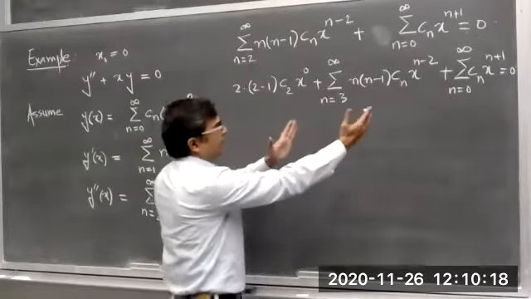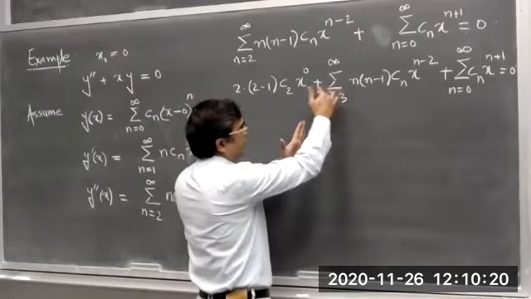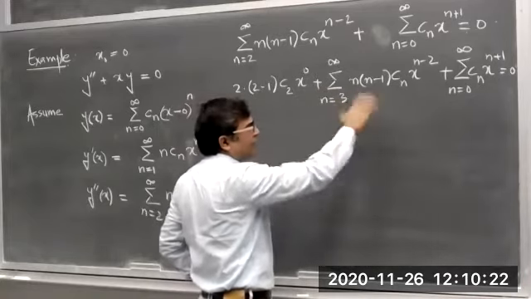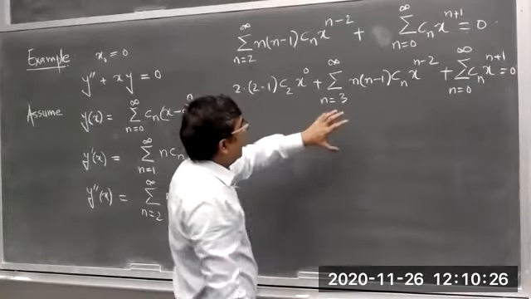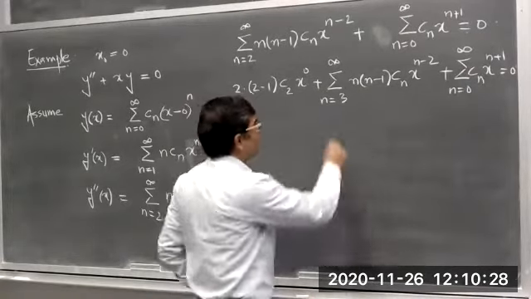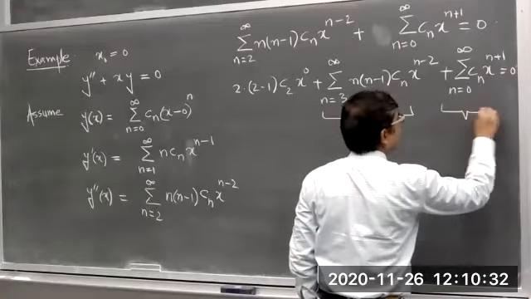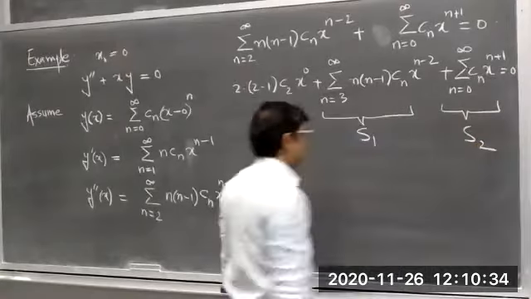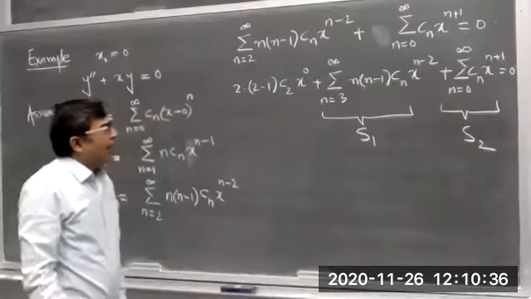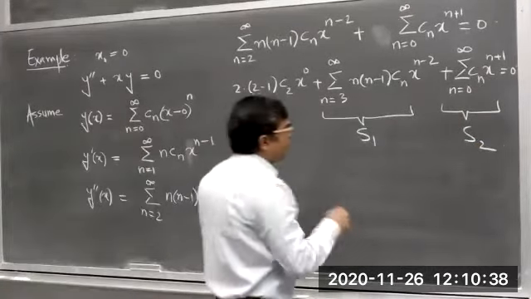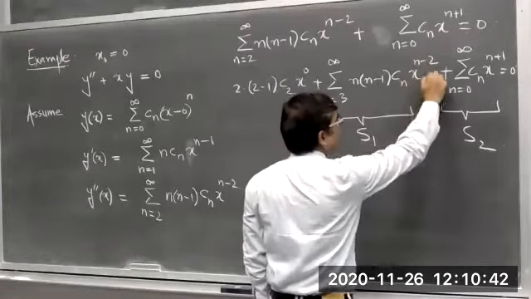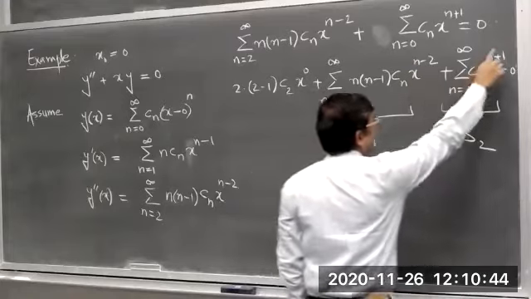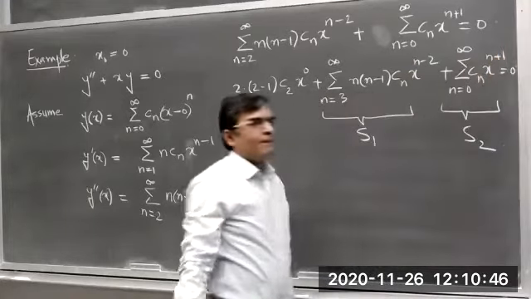In order to take the summation outside these two series, we need to combine these two series. What we do, we assume that this is series 1 and this is series 2. Now, the second step is we have to make the powers of x identical in both series.